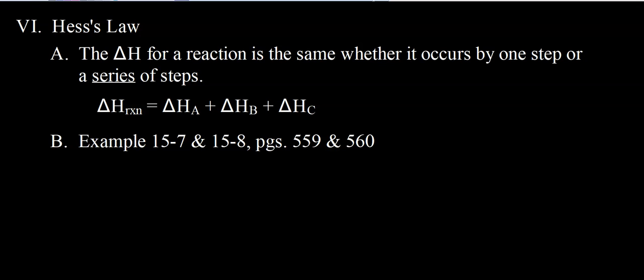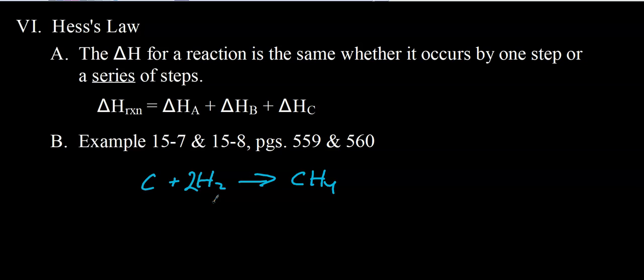And you're given the delta H's for each of those three steps. What Hess's law involves is taking those three equations and combining them in such a way that they will add up to the original equation we started with, which was carbon plus hydrogen making methane.